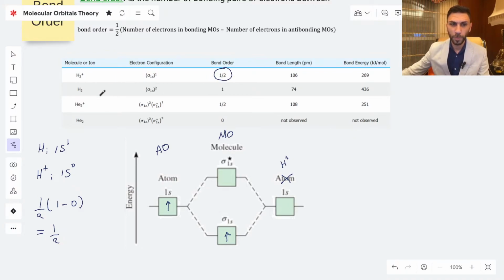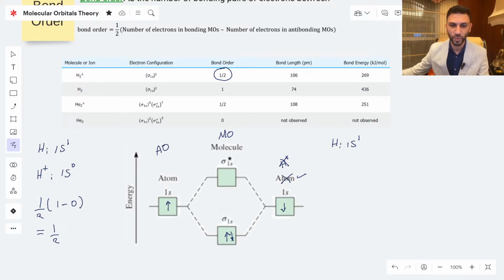What about if we want to do it for H2 now? Also H, the first atom is 1s1, and the second atom also 1s1. So for the first atom we have 1 electron in 1s, and for the second atom we also have 1 electron in 1s. When we distribute them according to the Aufbau rule, we put these 2 electrons in the sigma 1s orbital.